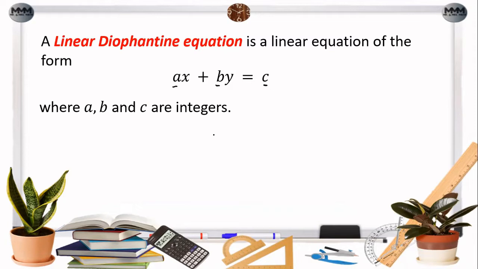So note again here that a solution to the linear Diophantine equation, say x sub 0, y sub 0, requires x sub 0 and y sub 0 to be all integers. Follow?